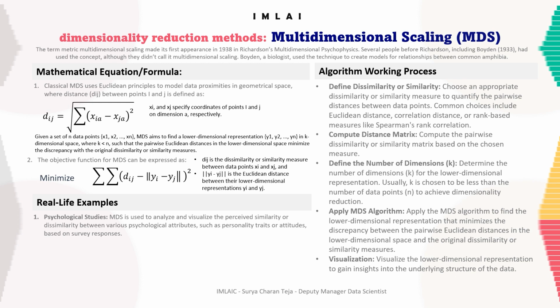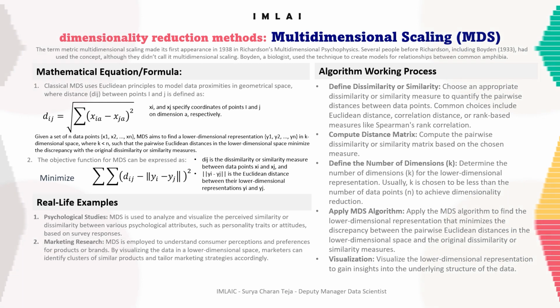In marketing research, MDS is employed to understand consumer perceptions and preferences for products or brands. By visualizing the data in lower dimensional space, marketers can identify clusters of similar products and tailor marketing strategies accordingly.